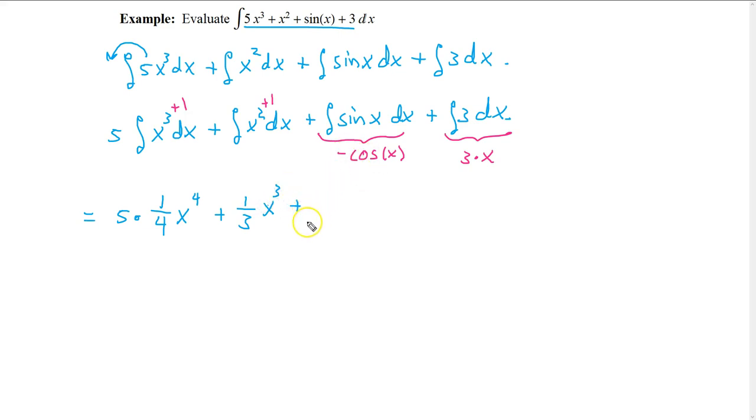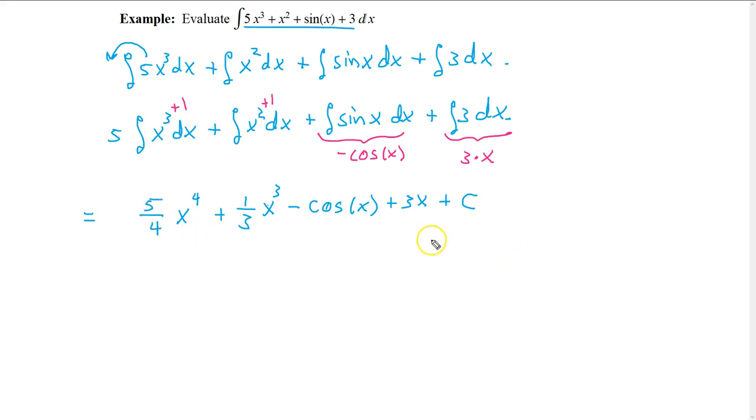And then we have our negative cosine. And then 3x. And then always remember to add on your arbitrary constant. And there is your answer. And of course you can write this as 5/4 if you'd like. Clean that up a little bit.